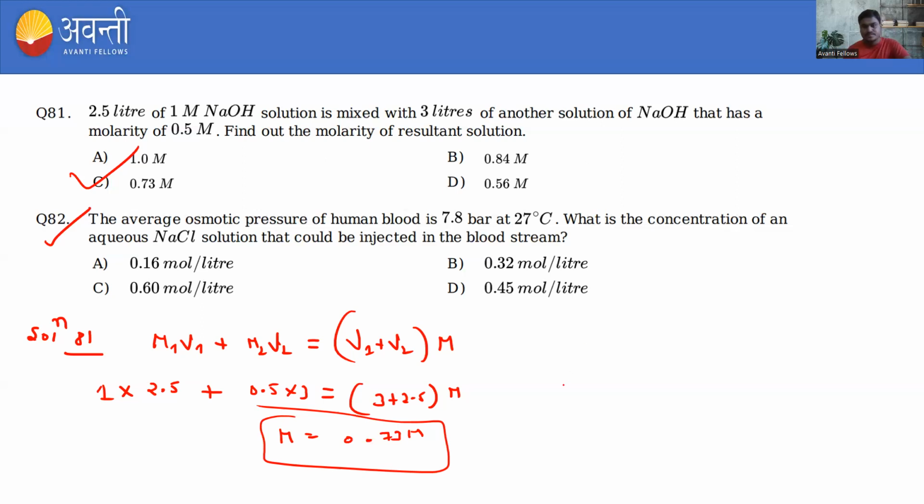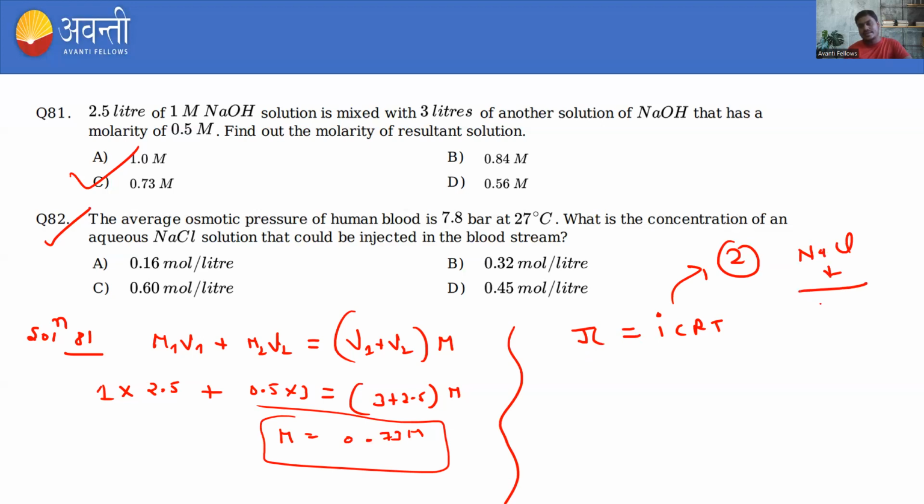Let me calculate here. We know π = iCRT. For NaCl, i is equal to 2. We have done NaCl many times already, you must have got it. 2 ions are there, that's why i is equal to 2 for NaCl. Here the concentration has to be found, so this is C. R we already took as 8.314, and temperature is 27 degrees Celsius, which comes out to be 300 K. And π is given as 7.8 bar.